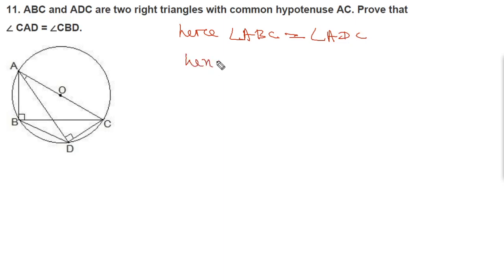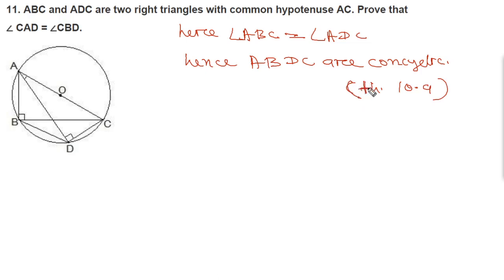Hence, A, B, D, C are concyclic. Reason is theorem 10.9. As per theorem 10.9, if a line segment is subtending equal angles at two different points on the same side, then we can say they are concyclic.